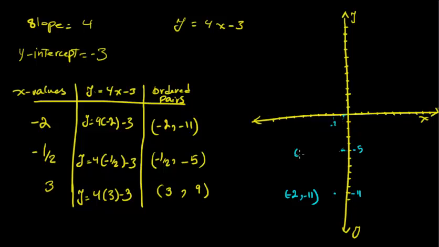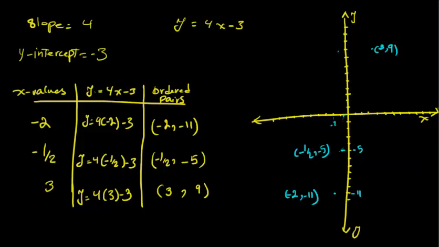It's going to be minus half and minus 5. When x is 3, 1, 2, 3, y is 9. 4, 5, 6, 7, 8, 9. This is going to be our next point, 3 and 9.